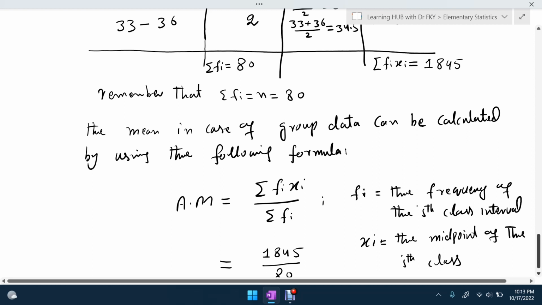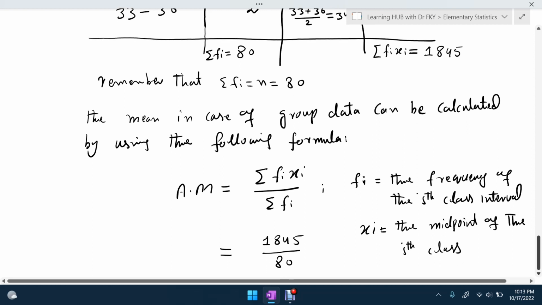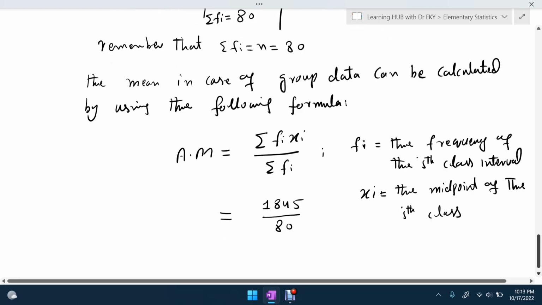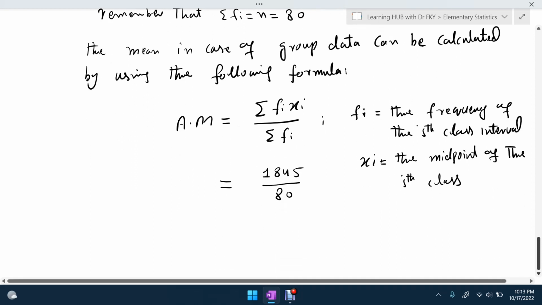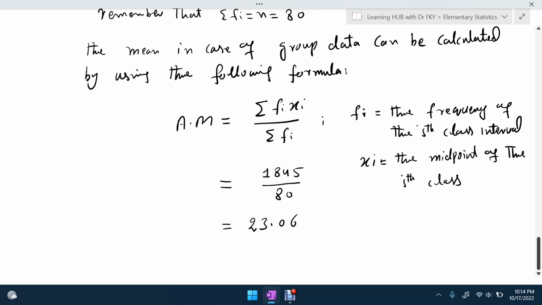This will give you the mean for this data. So let's divide this by 80. This will give you 23.06. So this is the arithmetic mean for group data.